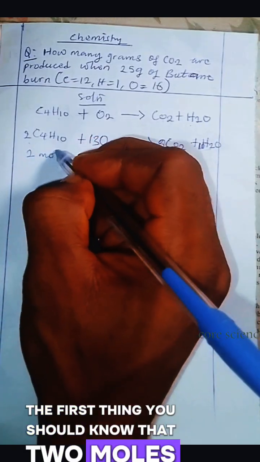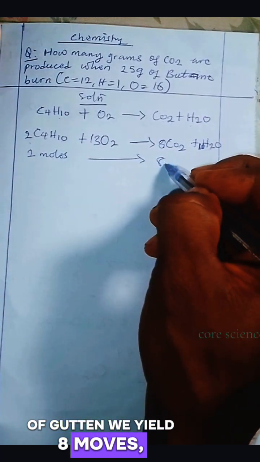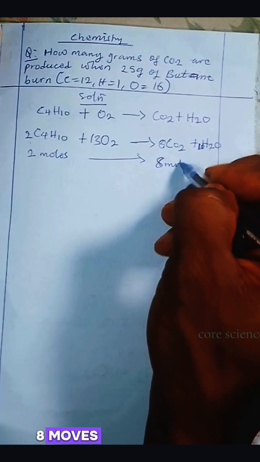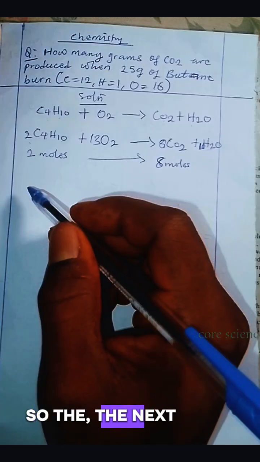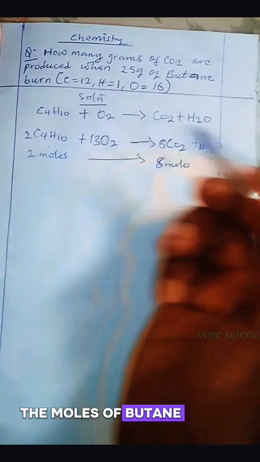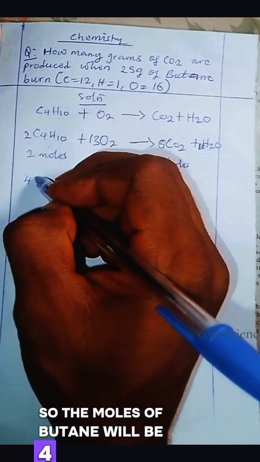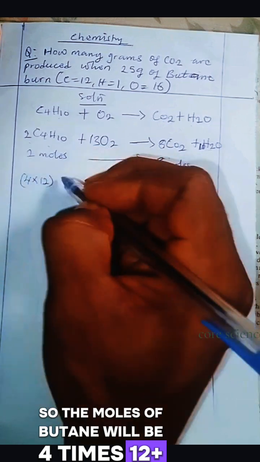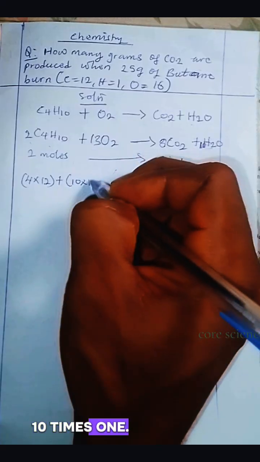We are going to use this balanced equation to solve the problem. So from here, the first thing you should know is that 2 moles of butane will yield 8 moles of CO2. So the next thing to calculate is the molar mass of butane and the molar mass of CO2. The molar mass of butane will be 4 times 12 plus 10 times 1.